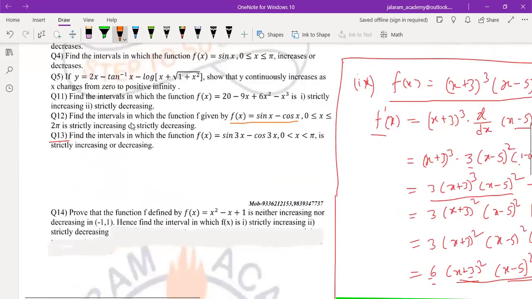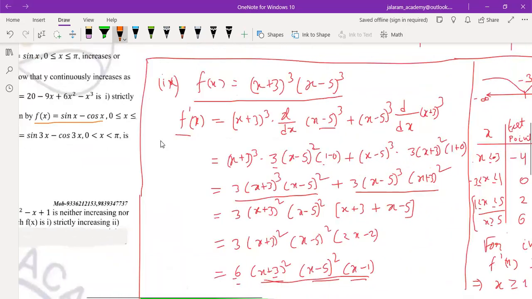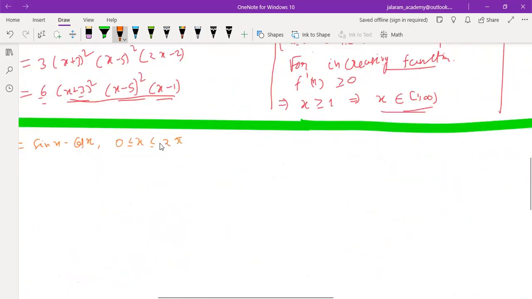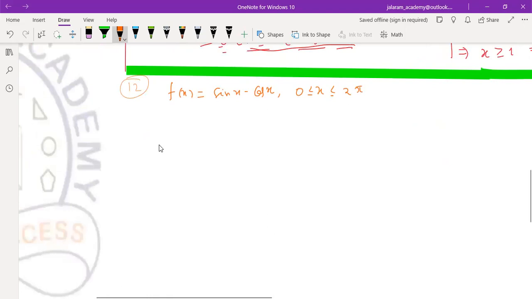Means we have to find both, for which this function is either strictly increasing or strictly decreasing. And only in the interval x lies between 0 to 2 pi.